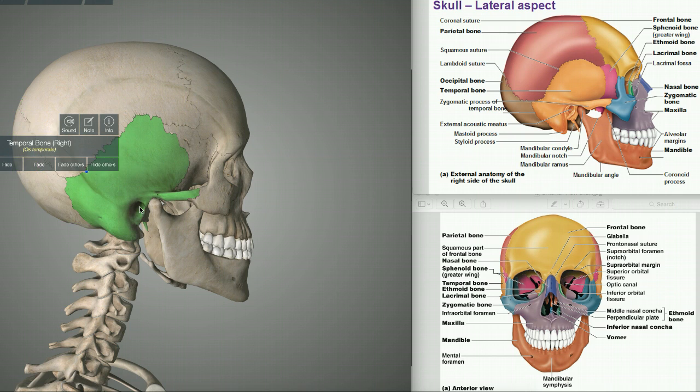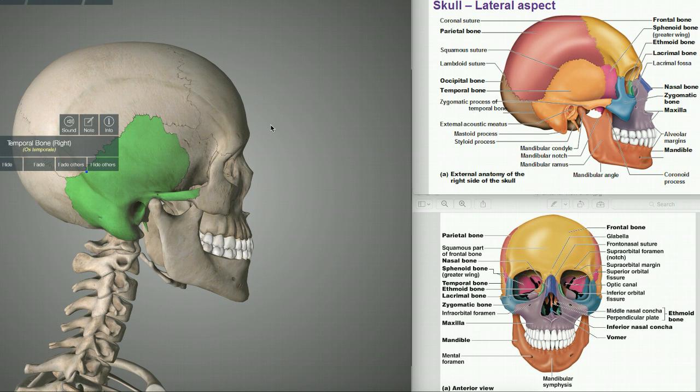Now this here is the ear canal, or you can call it the external acoustic meatus, which you can see here on the right, and you have a little protrusion which comes off it, which is known as the styloid process. Sorry.